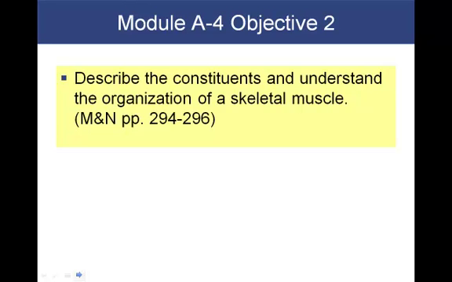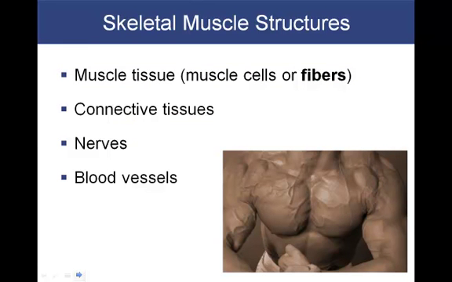In Objective 2, we're going to look at the constituents and the organization of the skeletal muscle. Not only does a skeletal muscle contain muscle tissue, but it also contains a fair amount of connective tissue. We have a relatively rich vasculature, as well as nerve supply.